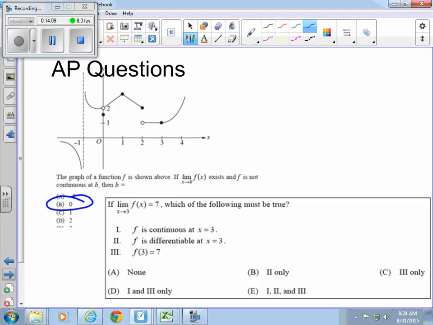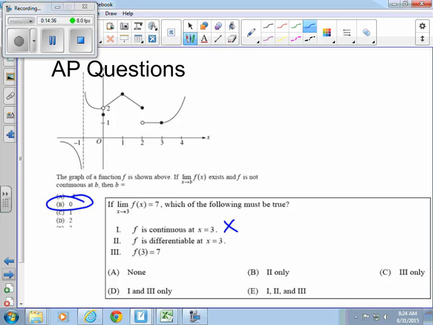If the limit as x approaches 3 of f of x is 7, which of the following must be true? You don't know what differentiable means, so you're just going to have to take my word on that part. So first of all, does it guarantee that f of x is continuous at 3? No? Agree?